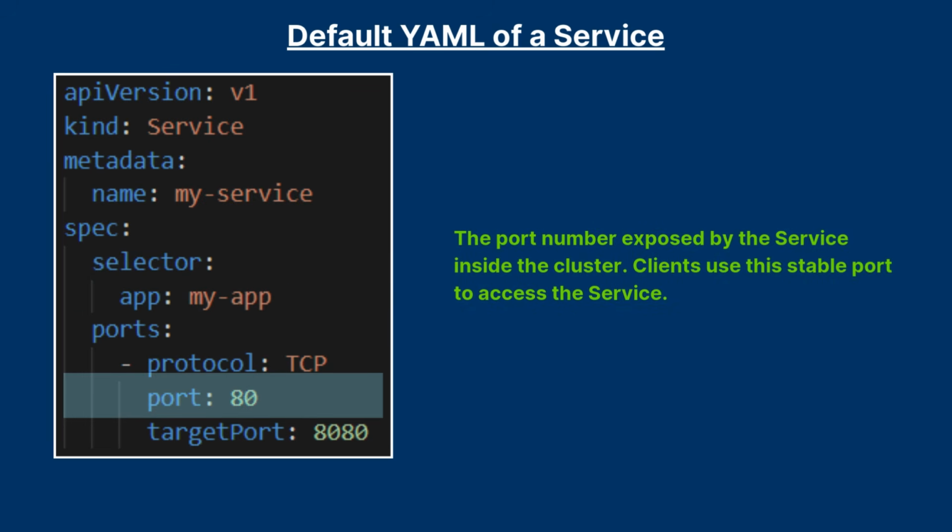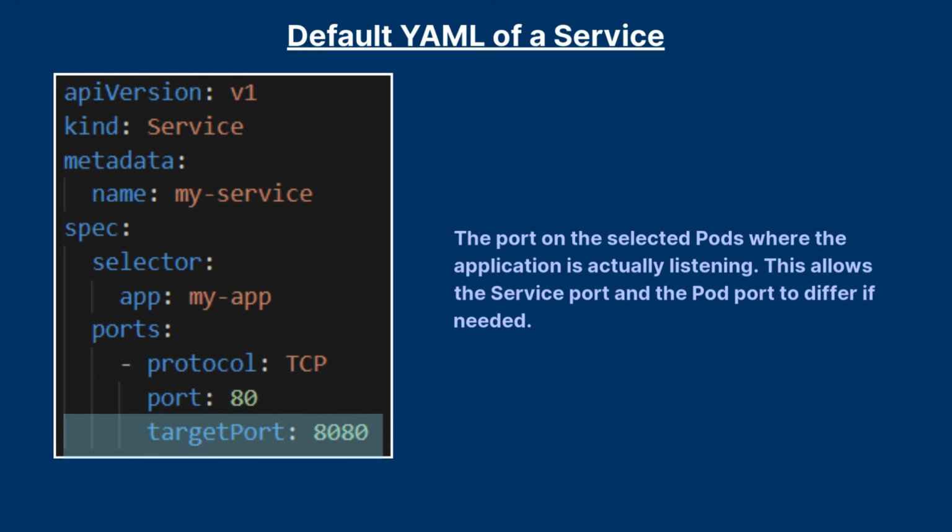Port is the port number exposed by the service inside the cluster. Clients use this stable port to access the service. Target port. This is the port on the selected pods where the application is actually listening. This allows the service port and the pod port to differ if needed.